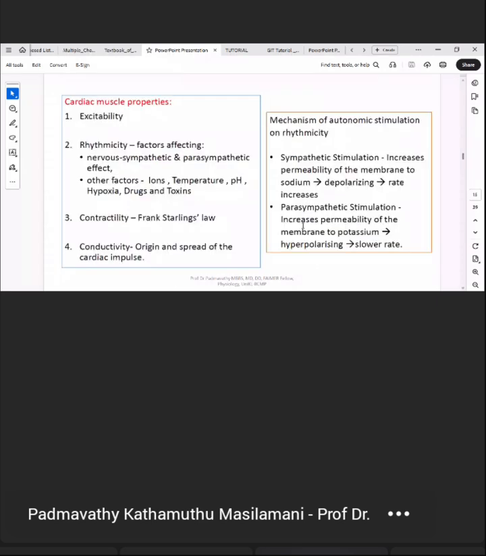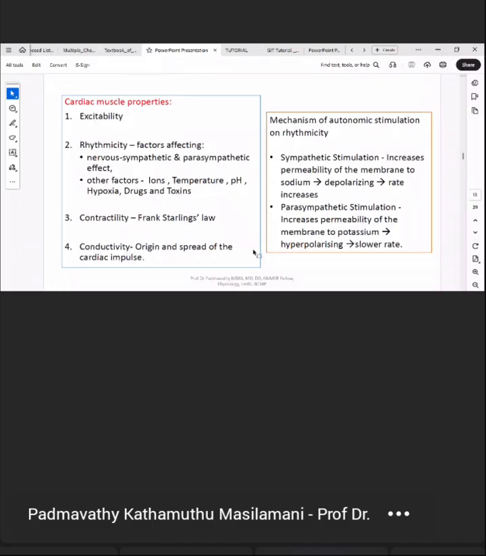Okay, the sympathetic and parasympathetic. Usually the sympathetic is stimulatory to the cardiac muscle. So it increases the excitability, rhythmicity, contractility, and conductivity. But parasympathetic will have the opposite action. It decreases the heart rate, decreases the excitability, decreases the contraction, decreases the speed of conduction.